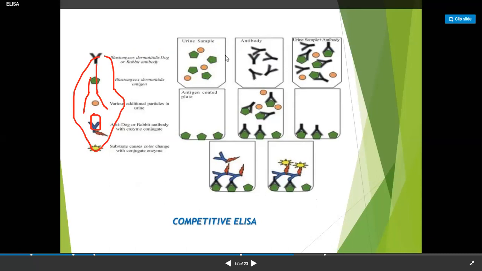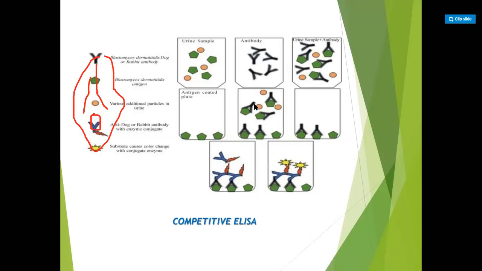in which the antigen and antibody will bind, and there will be a competition between the antigen and another antibody. As we know that the best will win, similarly, the specific will win.